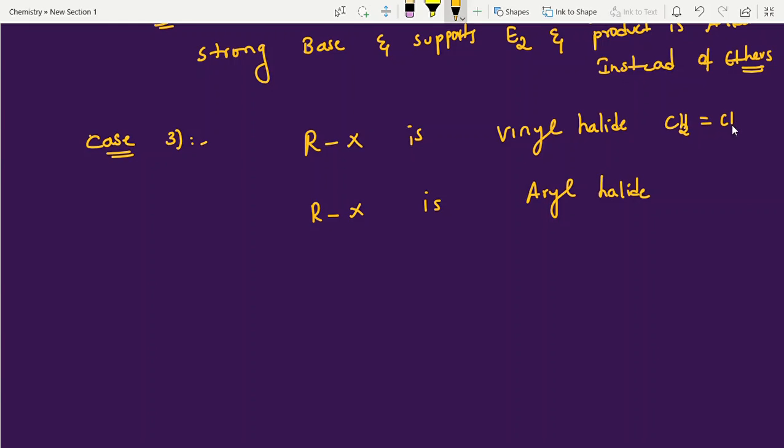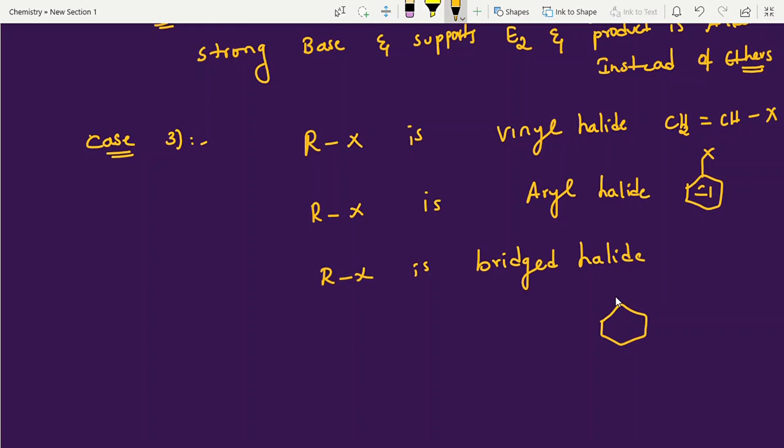CH2 double bond CHX. Aryl means like this. Next, Rx is bridged halide, like this. Now you can write the bridge here. This is bridged halide.